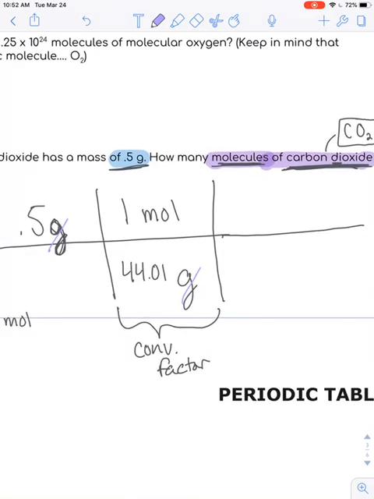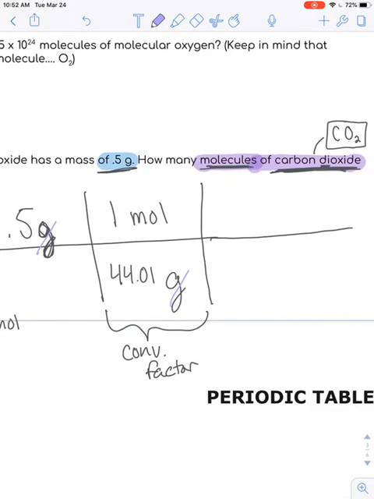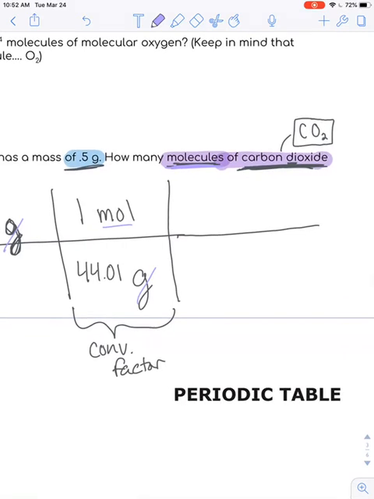But our goal unit is molecules. Remember, we're trying to figure out molecules, and right now if we stopped, we have number of moles. So what we have to do is go from moles to molecules now. Since moles are on the top as of right now, I need to put moles on the bottom of my T-chart so that they cancel out.